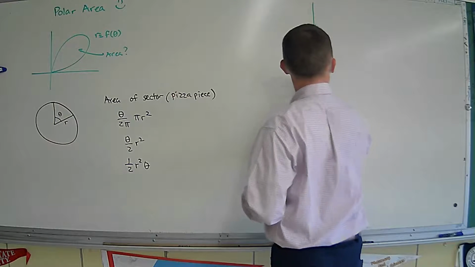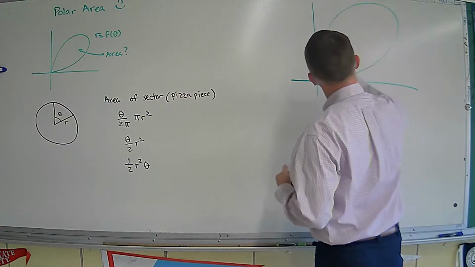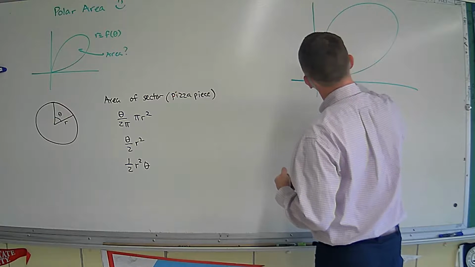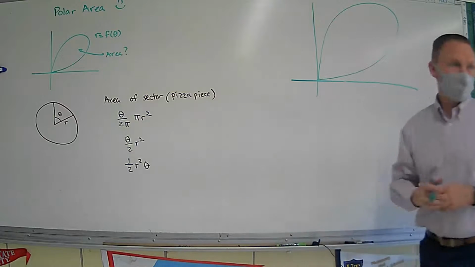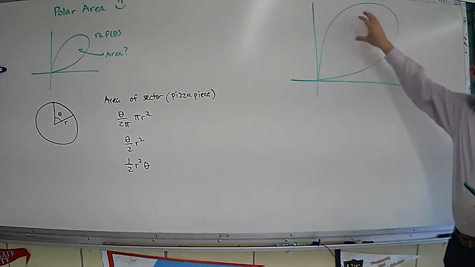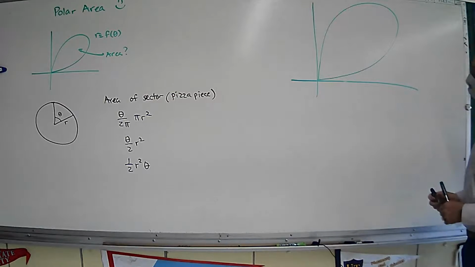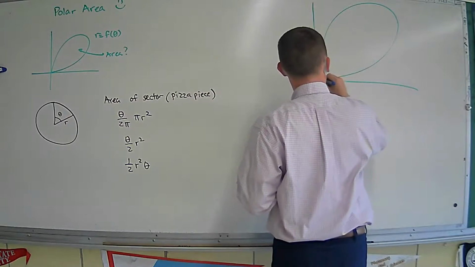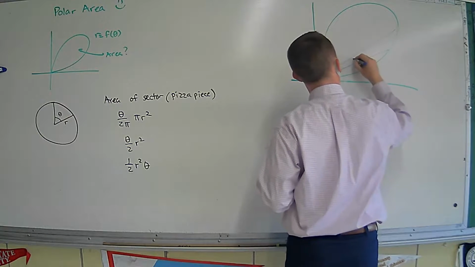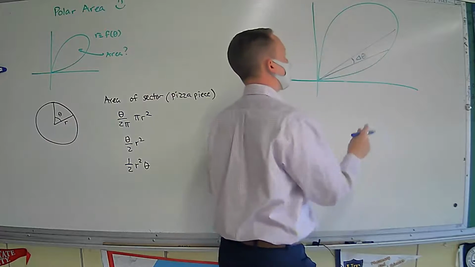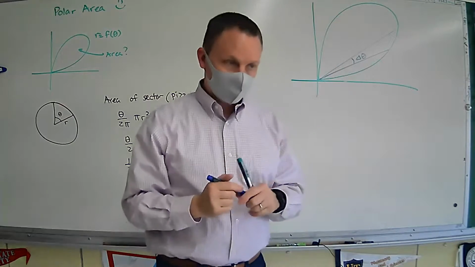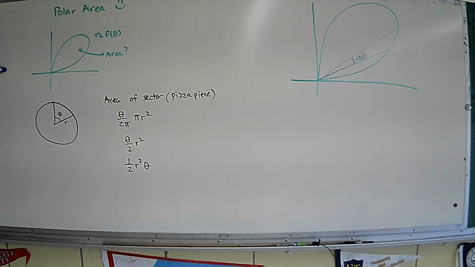Well, what we're going to do here is we're going to think of this graph right here, this polar graph, like a bunch of pieces of pie or a bunch of sectors of circles where the radius is changing.